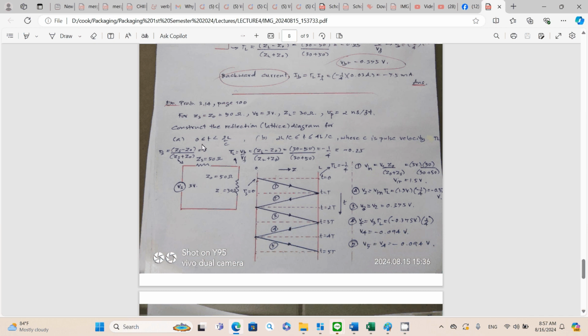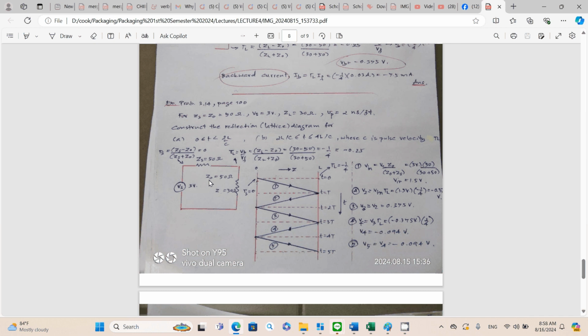As you were to draw the lattice diagram, well, first you have the load impedance, that's 30 ohms, then the characteristic impedance, that's 50 ohms. So you have the reflection coefficient at the source equal to Zs, that's the source impedance, minus Z0, that's the characteristic impedance of the transmission line, divided by Zs plus Z0.